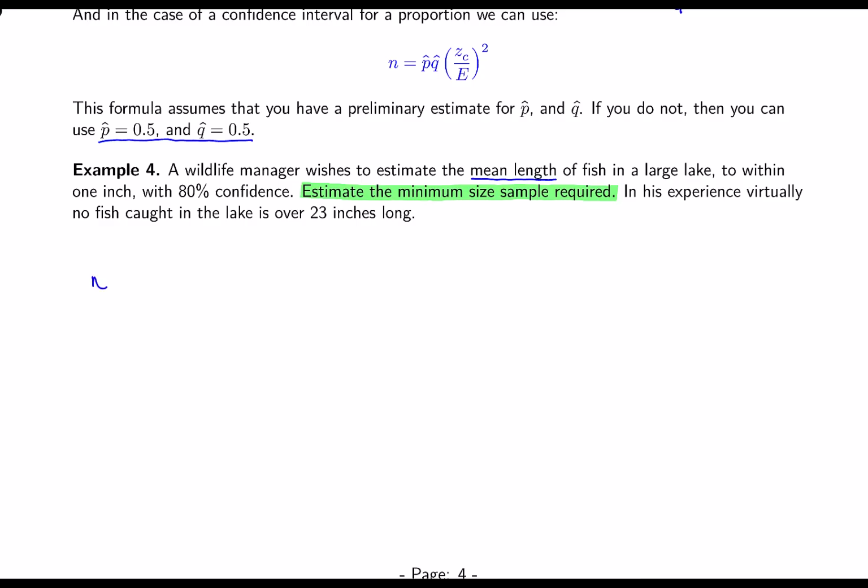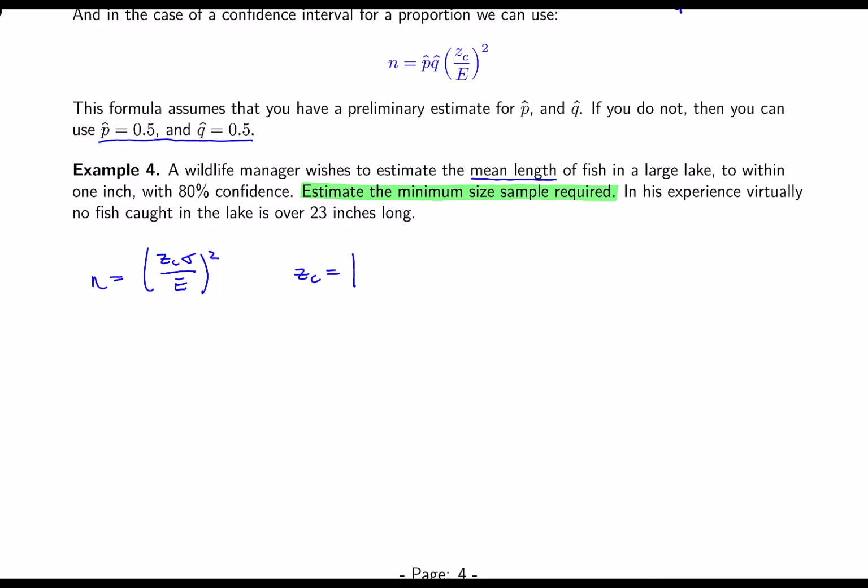So the minimum sample size for the mean would be n equals z sub c sigma over e quantity squared. So we essentially need to figure out these 3 values and plug them into the formula, and then we'll be done. All right, so z sub c, that should be easy.